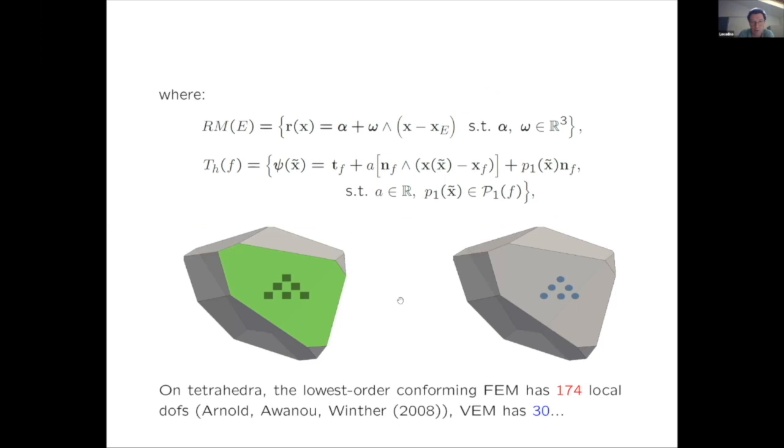Here, I've just written down the spaces, and I would like only to remark that on tetrahedra, our VEM element has locally 30 degrees of freedom, while if you go to a 3D version for VEM, well, you have quite a lot of degrees of freedom, locally speaking.